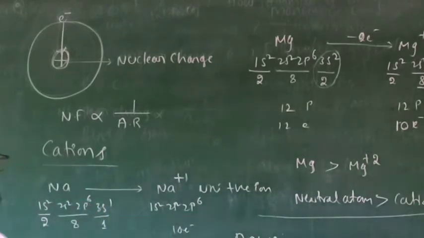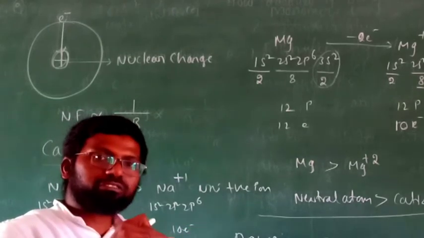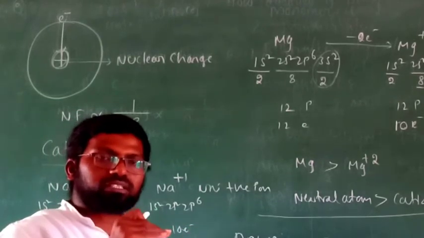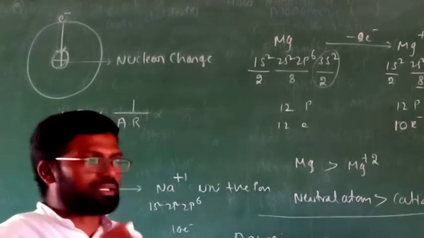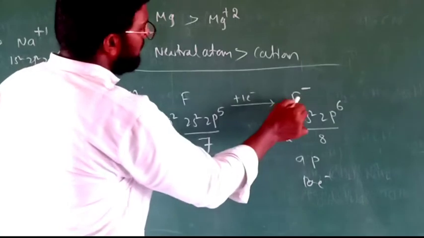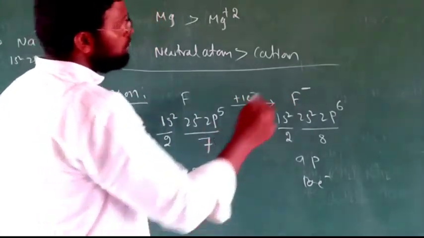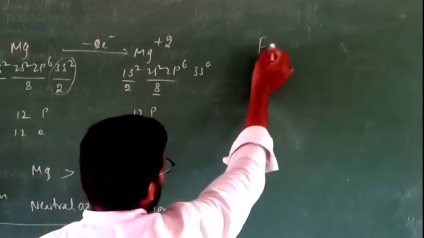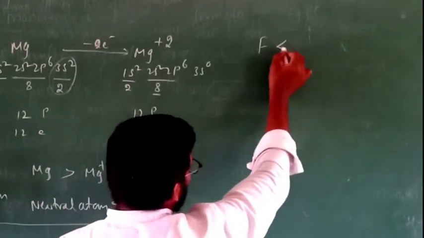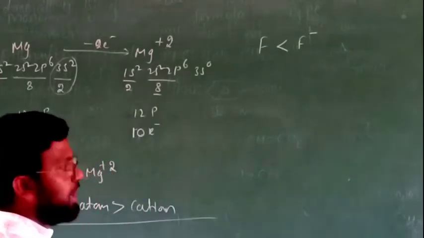When the electrons move a bit away from the nucleus, obviously the size of the ion will increase. So among F and F minus, that is the neutral atom and its anion, whose size will be greater? Yes, obviously the size of the anion will be greater than its neutral atom.